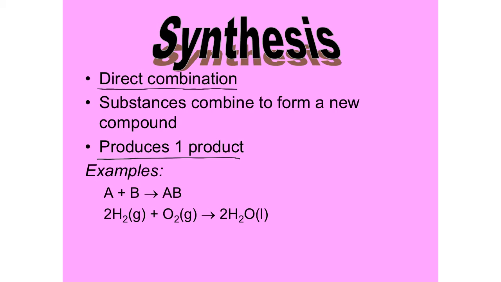So in our 2 examples here, we have our simple example, A plus B joins together to make AB. Or we have hydrogen gas plus oxygen gas joins all together to make water. So we're always producing one product. So synthesis, join together to make one product.